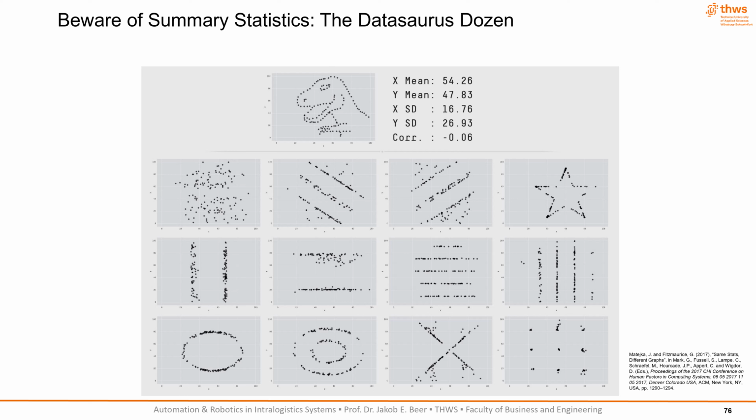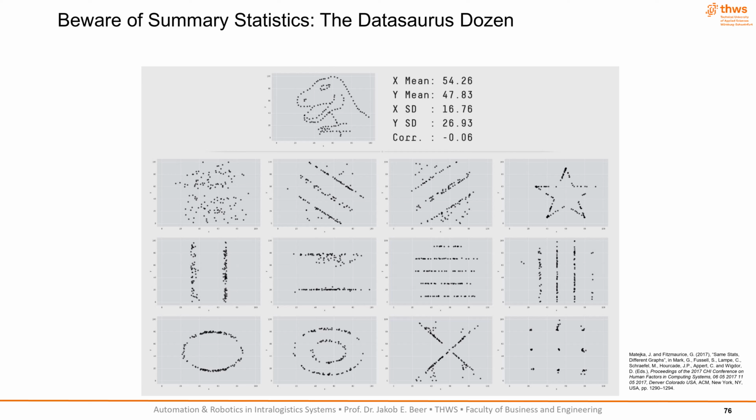It demonstrates that even when we calculate more advanced statistics, means, standard deviations, correlations, we can still be misled by aggregation. In fact, the dataset named Datasaurus, which looks like a dinosaur, was specifically designed to show this. Its summary statistics are identical to the others, but its shape tells a completely different story.